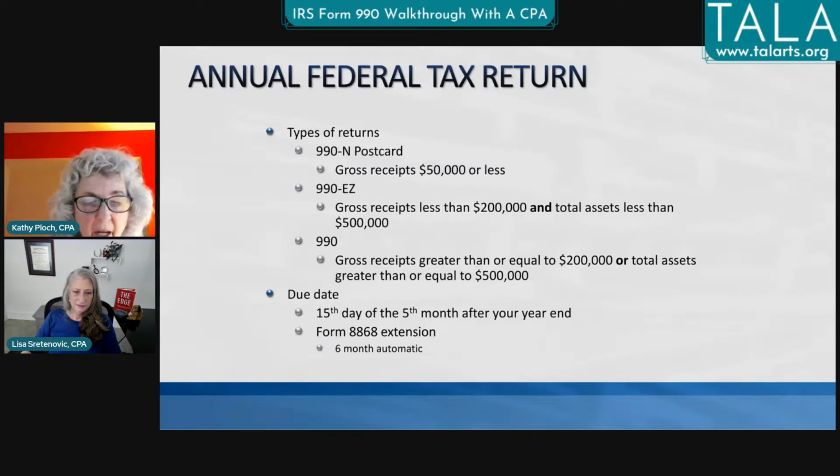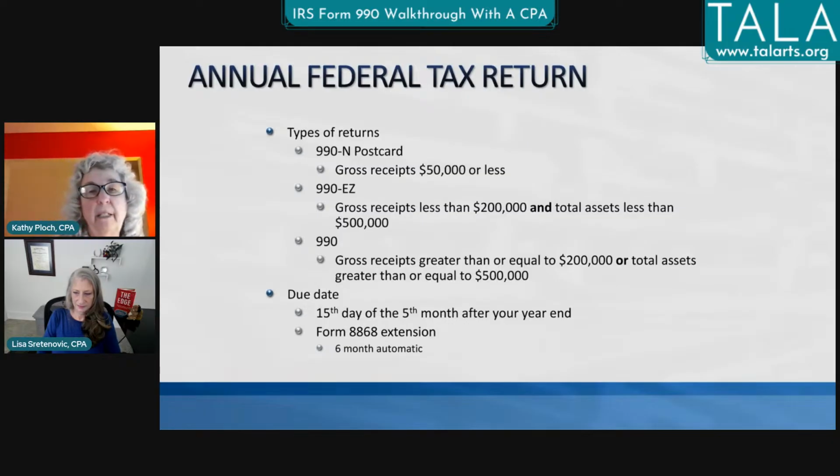And so the 990, once again, is for gross receipts of 200,000 or more, and certainly total assets greater than 500,000. As I said before, they're due on the 15th. The technical term is it's due on the 15th day of the 5th month after your year end. So once again, if we have December, it's due May 15th. If you have a June year end, for example, it's going to be due November 15th.